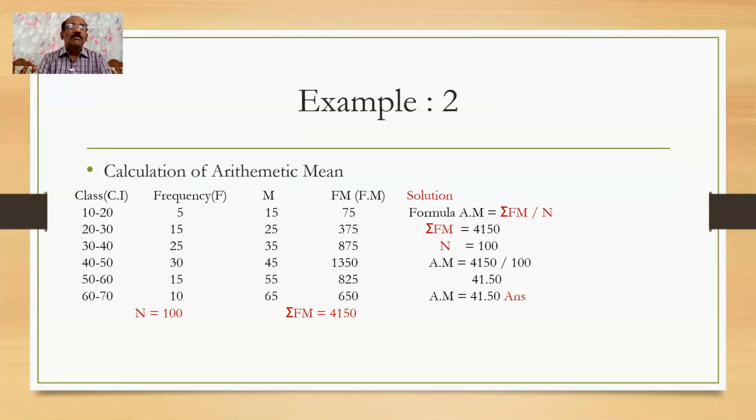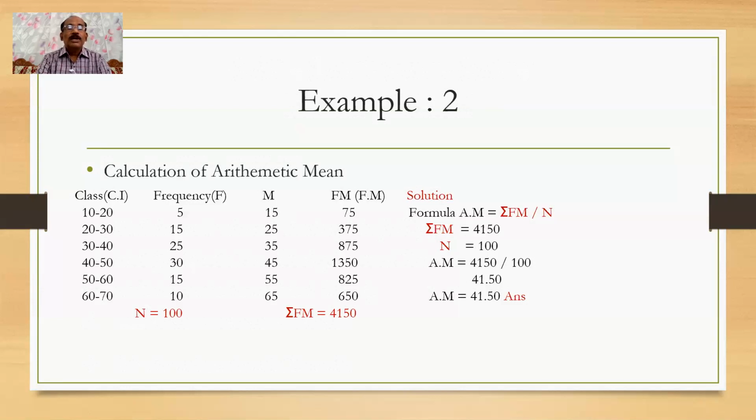That means mid value. Mid value is equal to lower limit plus upper limit by 2. For first class, 10 is the lower limit, 20 is the upper limit. That means 10 plus 20 by 2, that is equal to 30 by 2 is equal to 15.